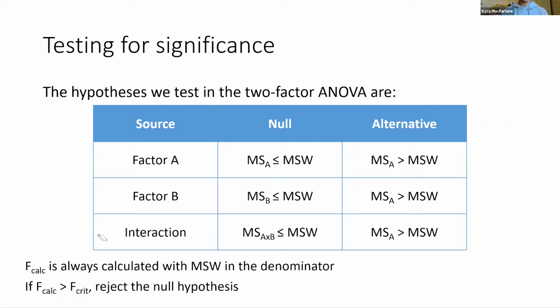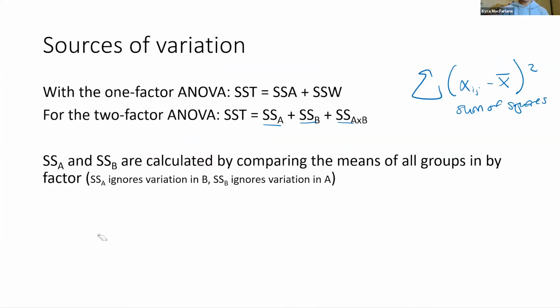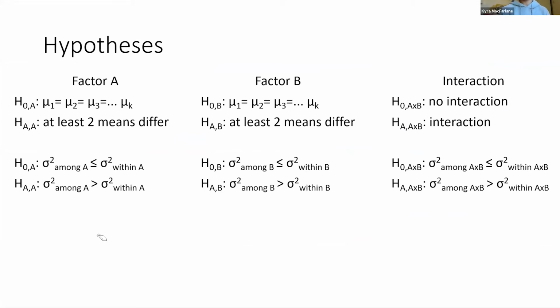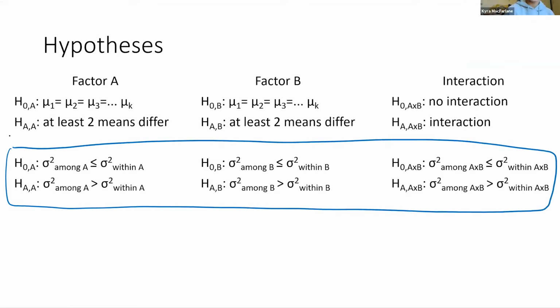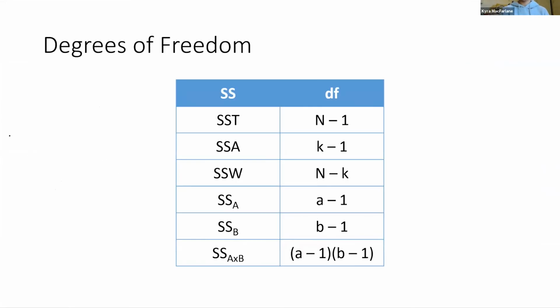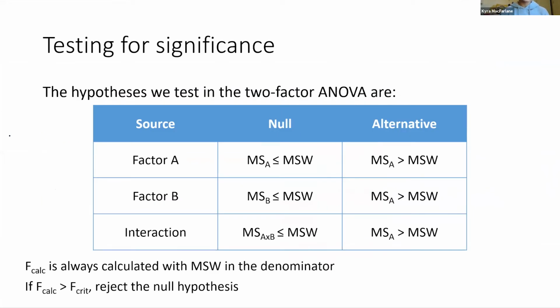So this kind of goes back to this. This is pretty much just a rewording of this bottom section here. So our hypotheses that we're actually testing when we do our two-factor ANOVA, we have our null and our alternatives.